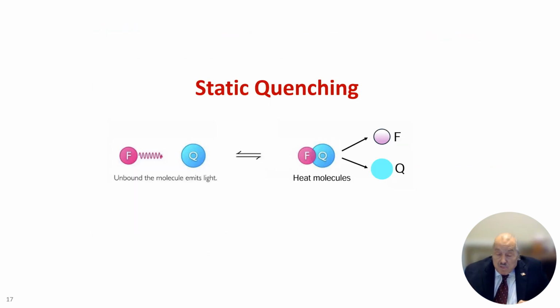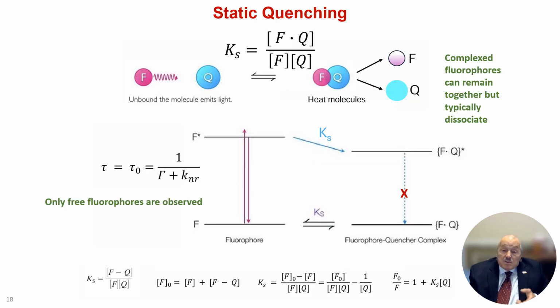Static quenching. So let's talk about static quenching, where no emission is observed, and after the molecules might remain complex, maybe they'll break apart sometimes, just because unless it's an extremely strong reaction, the reaction would be breaking apart and rebinding. So what's our model for static quenching?